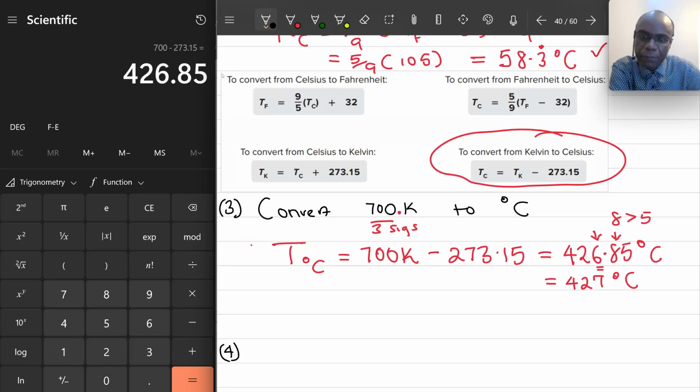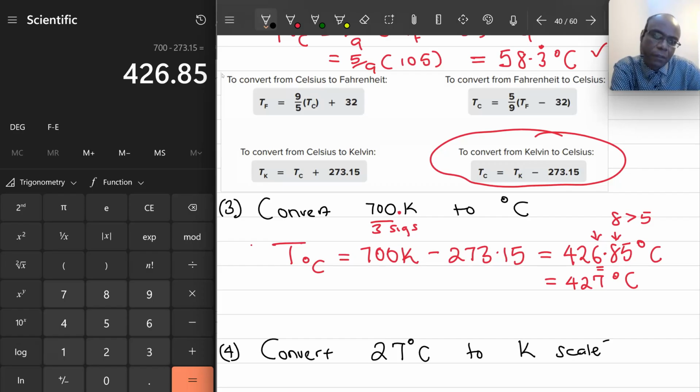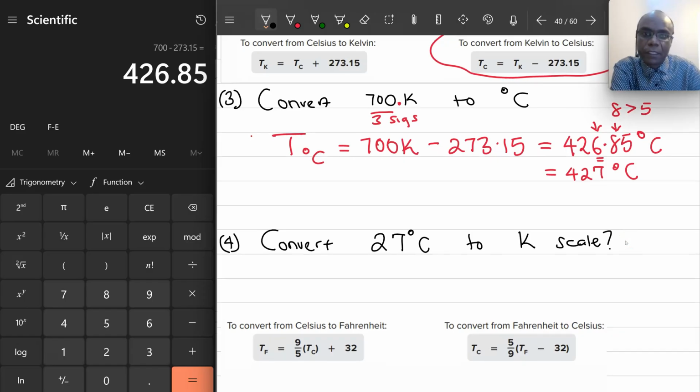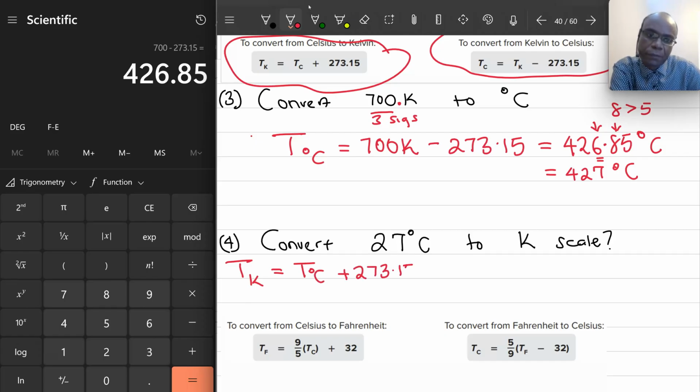What if I am asked to convert, let's say, 27 degrees Celsius to Kelvin scale? How do we do that? This time around, I'll use this formula right here. I need the Kelvin. So temperature in Kelvins is going to be equal to temperature in degrees Celsius plus 273.15.